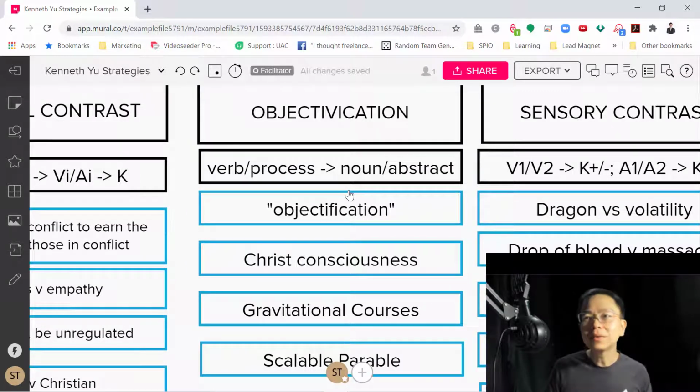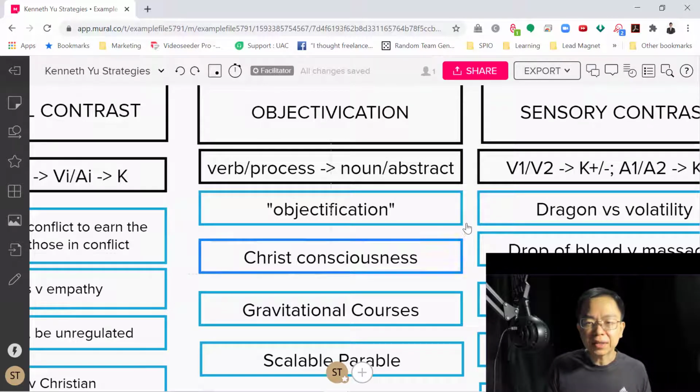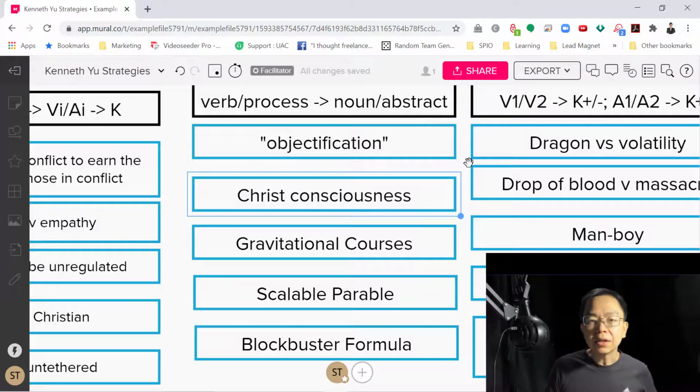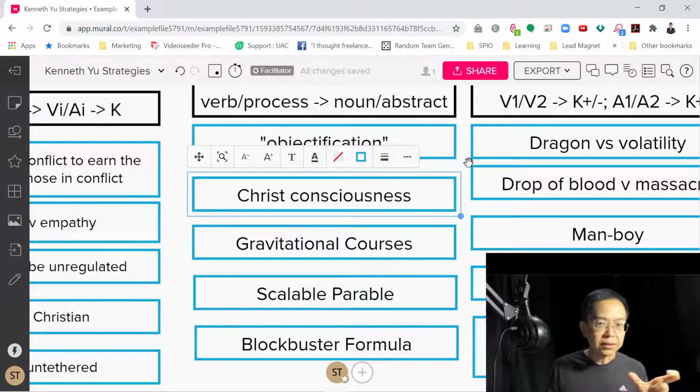Objectification, or what a lot of neuro-linguistic programmers know as nominalization. So what you do is a verb or a process is converted into a noun or an abstraction, right? So objectification itself is an objectification. In fact, it's a double nominalization, in the sense that if you understand NLP, an object is a noun, right?